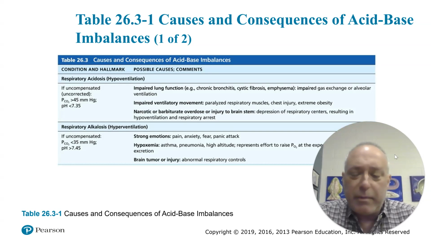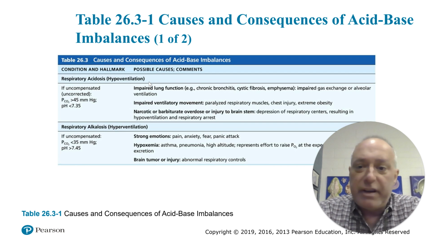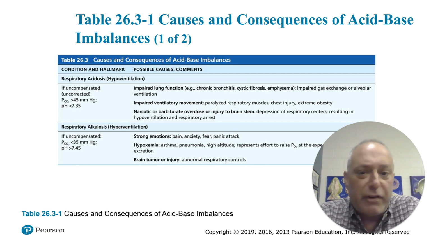All right, so let's talk about acid-base balance. The respiratory system and the metabolic system are linked so that acid-base imbalances can be controlled more readily. So let's say we've got respiratory acidosis. This can be an indication of hypoventilation or impaired lung function, maybe chronic bronchitis, emphysema.